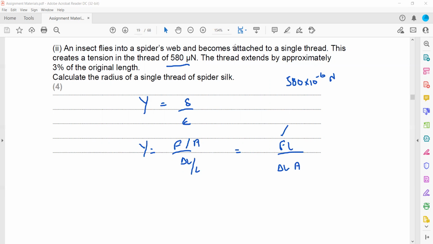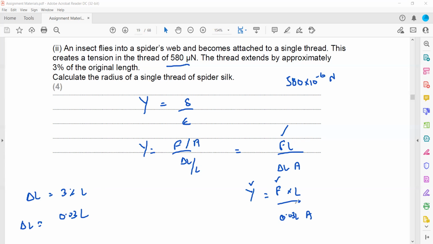The thread extended approximately 3% of the original length. So the change in length is 3% of the original length, or we can say 0.03 of the original length. So in place of delta L, we can write 0.03 L. Young's modulus we already calculated, F is there, delta L is 0.03 L, and area.